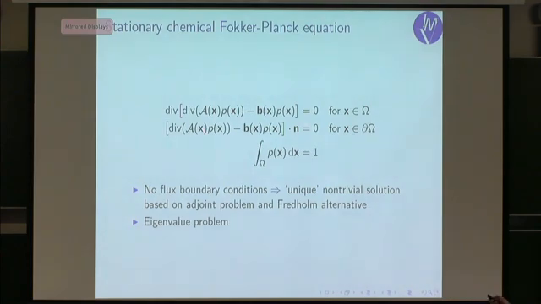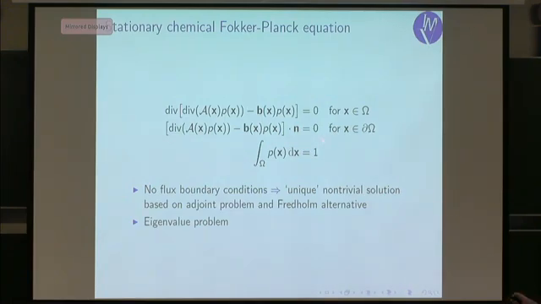The no-flux boundary condition here has again a good meaning, because it guarantees a unique non-trivial solution of this equation. You may notice that the equation always has a trivial solution. P equal to 0 just solves the problem, but we are not interested in that. We want some non-zero solution.